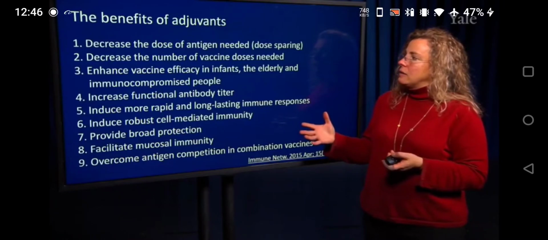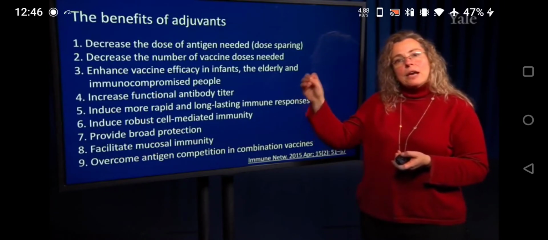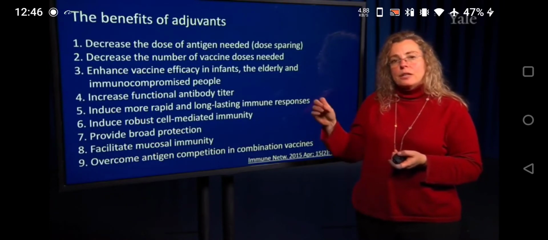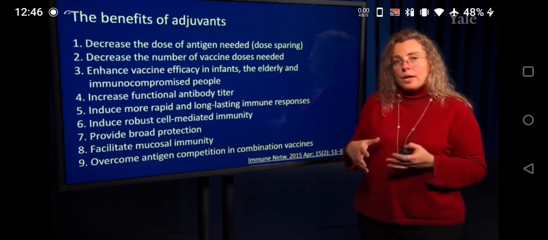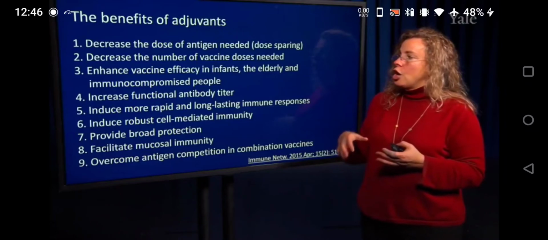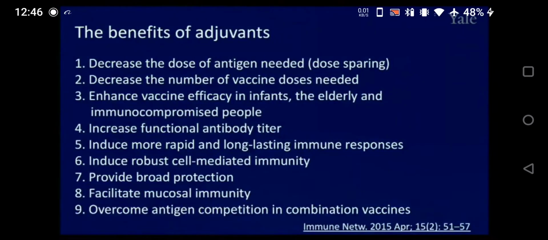Benefits, again, you can use less of your antigen. So you can save money and time in preparation by using less. You may need fewer booster shots. You can enhance the way the vaccine works in people whose immune systems are weaker, either because they're very young or very old or have some sort of immune deficiency.